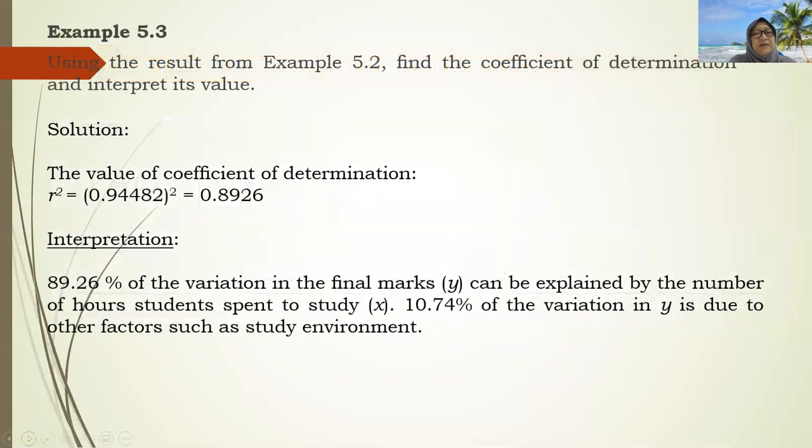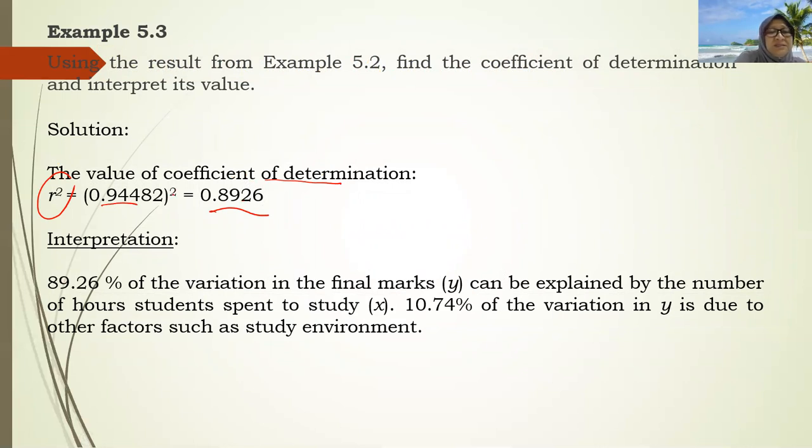Using the same example as what we have discussed in example 5.2, the correlation is 0.94482. To find the coefficient of determination, we just square it, and then we get 0.8926. So how do we interpret this value?